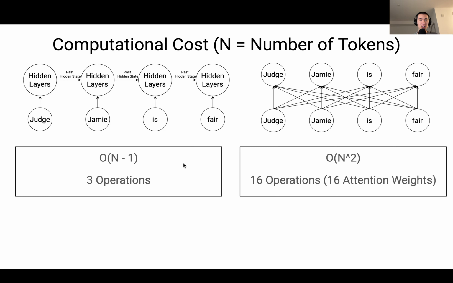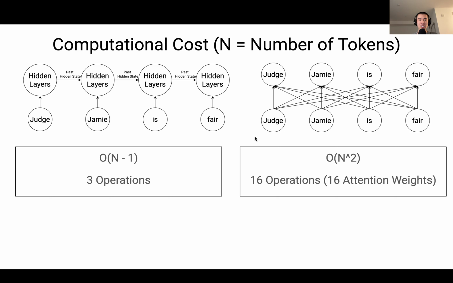So the computational cost of the RNN is O of n minus 1. When processing Judge Jamie's fair, let's say we do 3 operations. One computer operation, the second computer operation, and the third computer operation. So computational cost of O of n minus 1, 4 minus 1, is 3 operations. Whereas if we process Judge Jamie's fair using attention in a transformer, we'll say the computational cost is O of n squared. 4 squared is 16, 16 operations for 16 attention weights, and there should be 16 arrows in this diagram here.